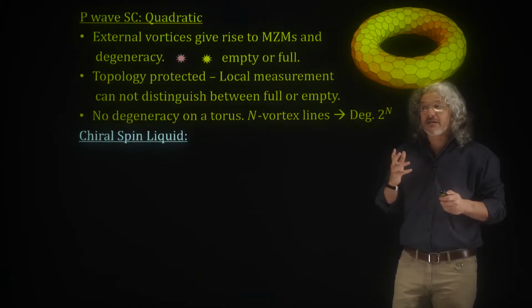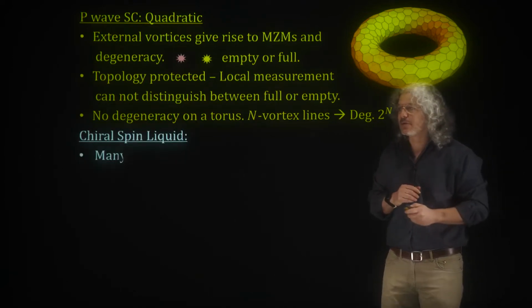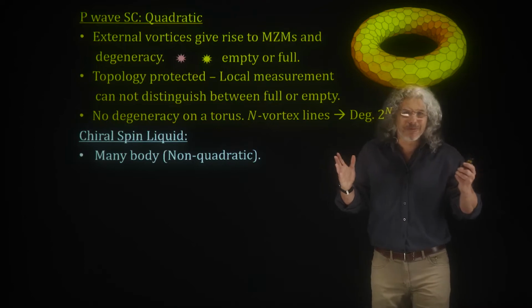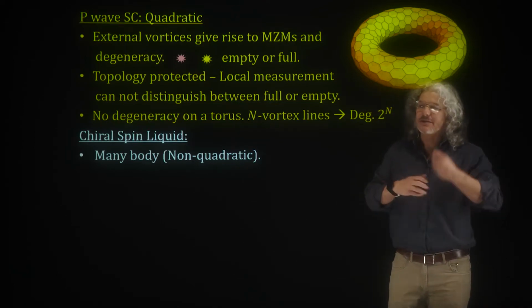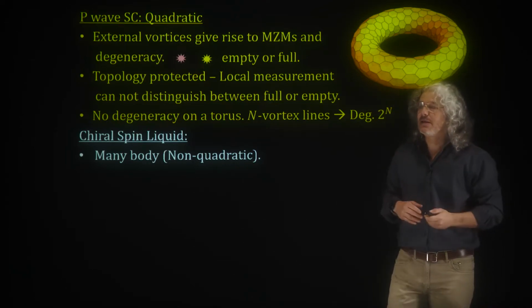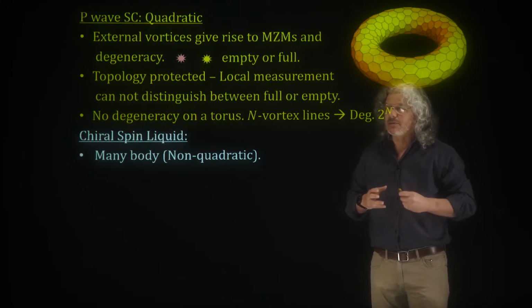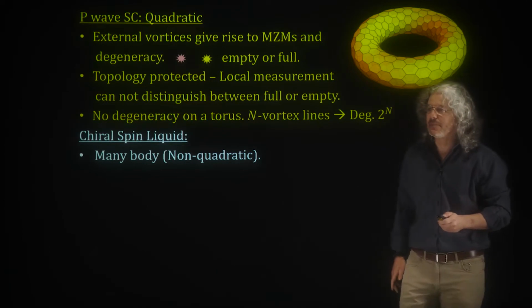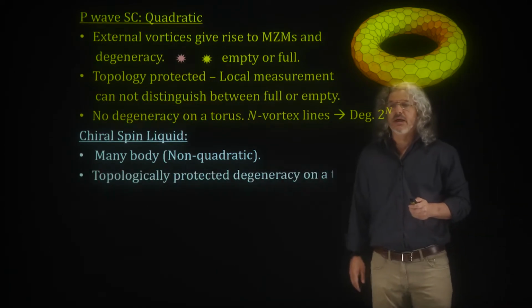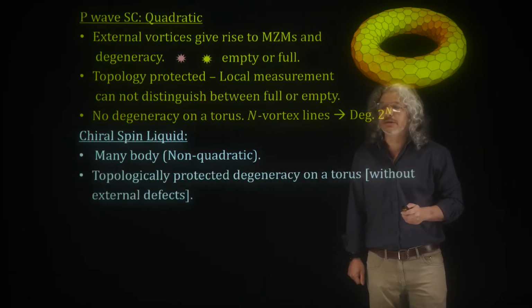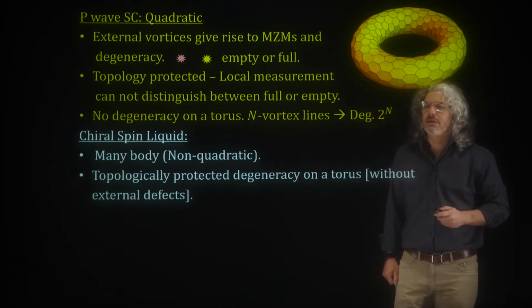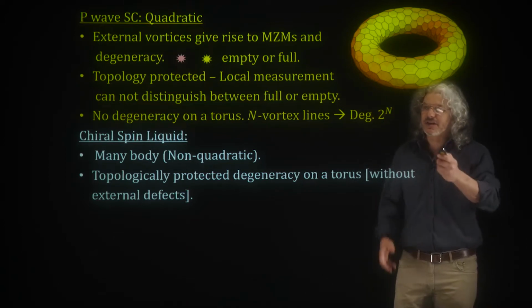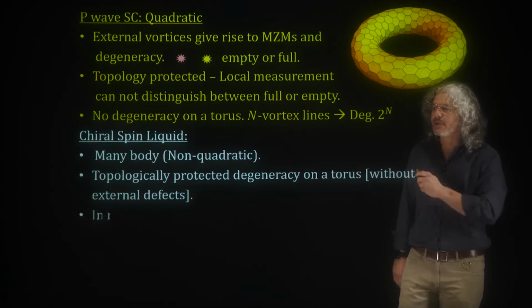In the case of a chiral spin liquid, the situation is different. First of all, it's a many-body problem. It's non-quadratic. The spin models are not exactly solvable by simply diagonalizing a quadratic Hamiltonian; you have to use different methods. The degeneracy on a torus is protected without any external defects in the form of vortices.